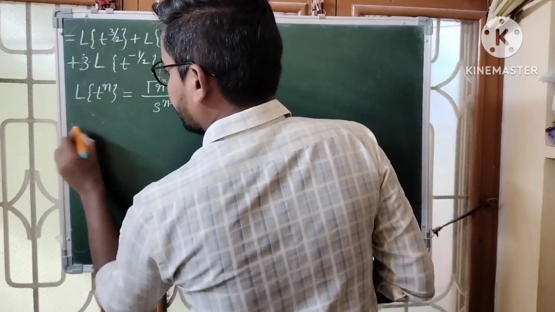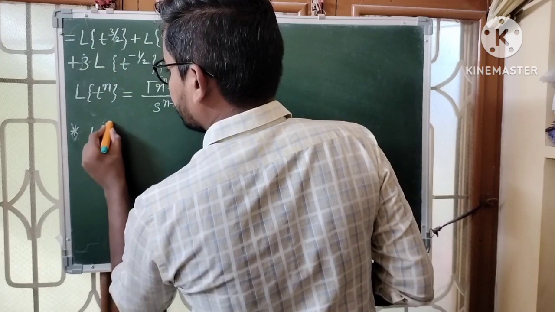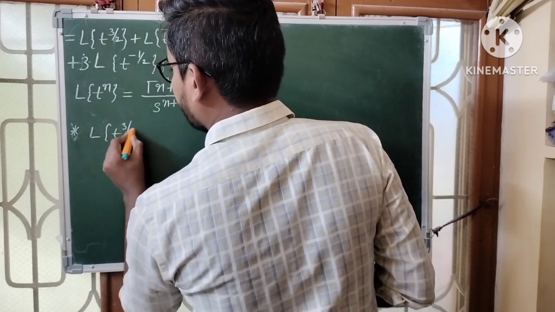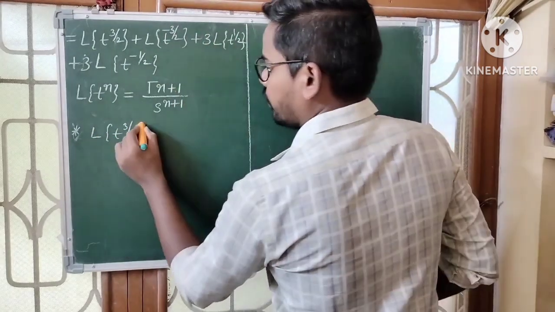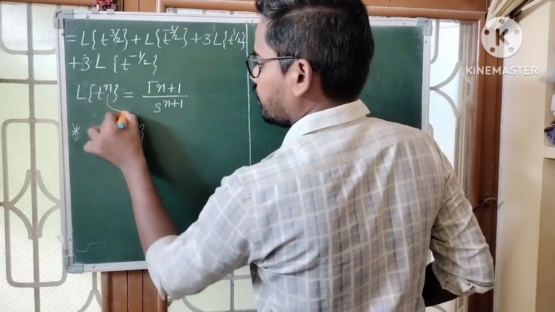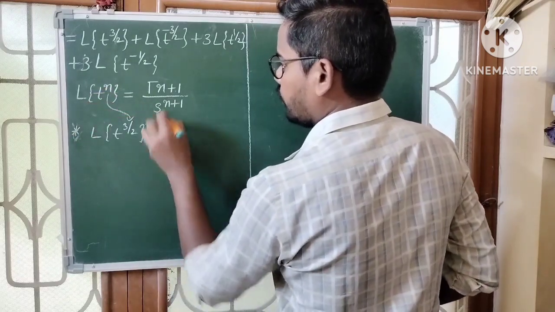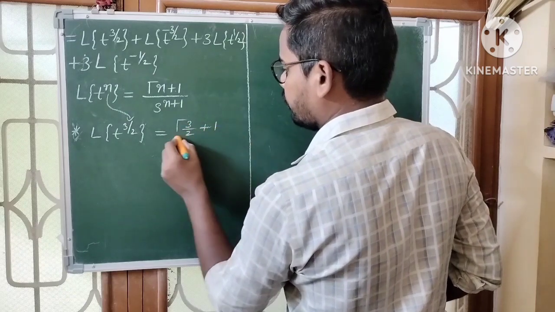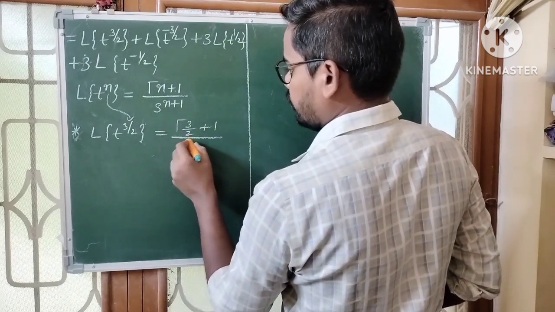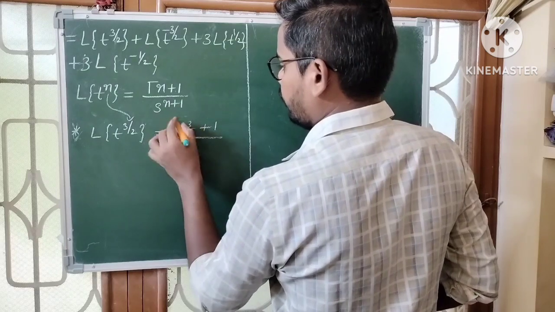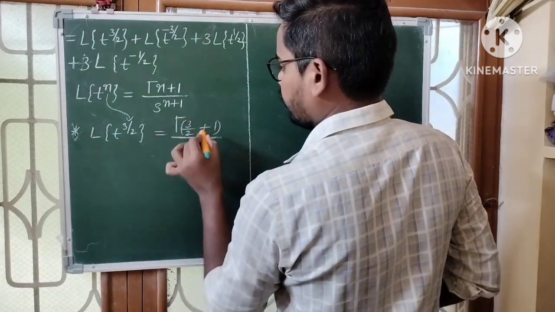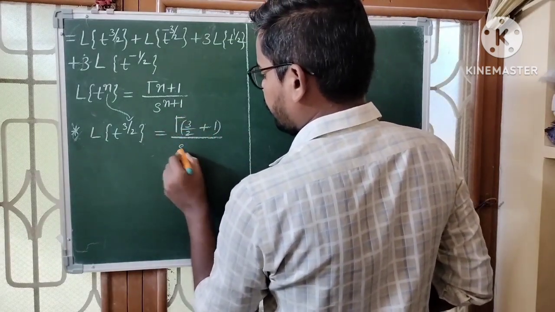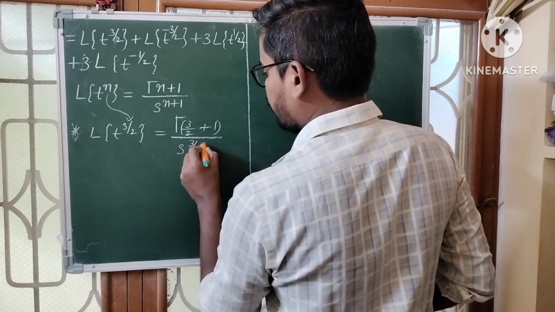So first let us find Laplace transform of t power 3 by 2. What is the value of n? n is equal to 3 by 2. So put n equal to 3 by 2 in this formula: gamma of 3 by 2 plus 1 by s power 3 by 2 plus 1.